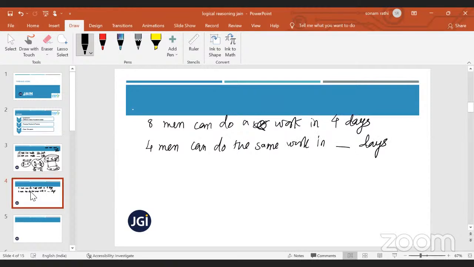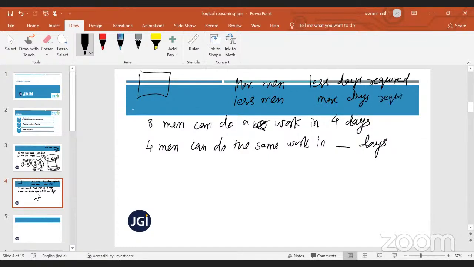Now tell me, more number of men, less days required, right? If I fix a work, let's say this is your work, if I keep more men, then less days required. And if I keep less men, then more days required, right?